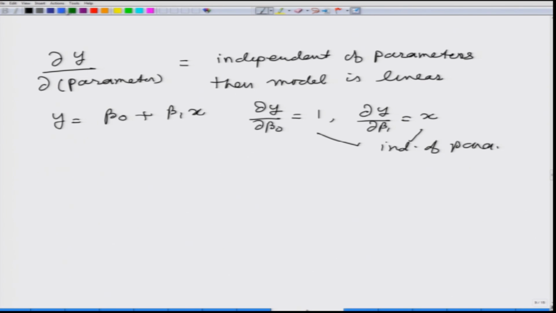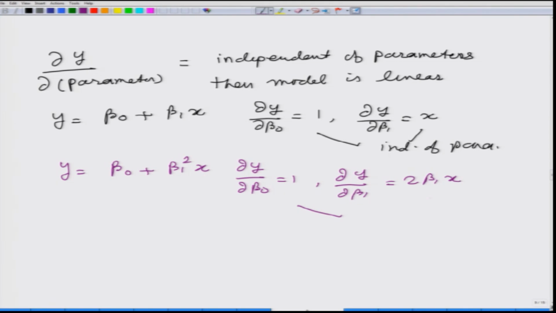Now let me take another example. If y is equal to beta 0 plus beta 1 square x, the partial derivative of y with respect to beta 0 is 1, but the partial derivative of y with respect to beta 1 is twice beta 1 x, and this is a function of parameters. So in the first case this is a linear model, whereas in this case this is a non-linear model.